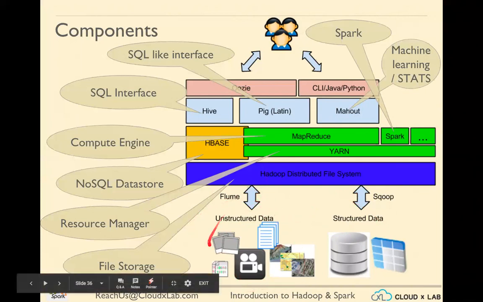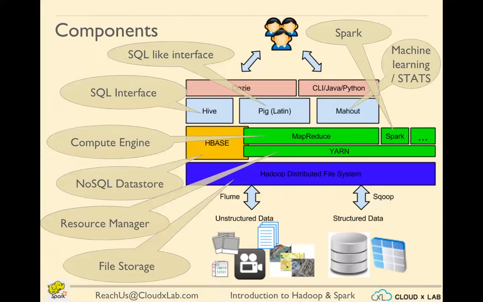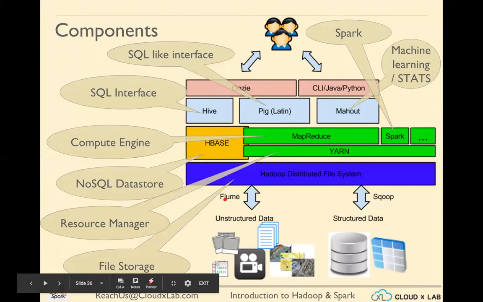Generally, Flume is used in the case, let's say you have 50 web servers and you want to copy the data being generated by these web servers continuously into HDFS, then you use Flume. So Flume is basically an engine to transport unstructured data.